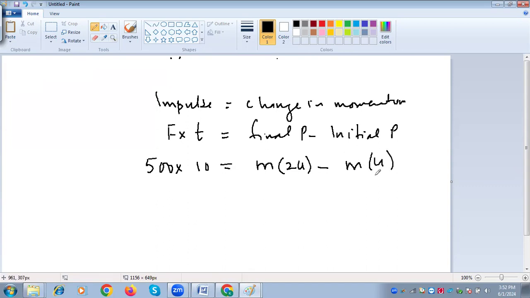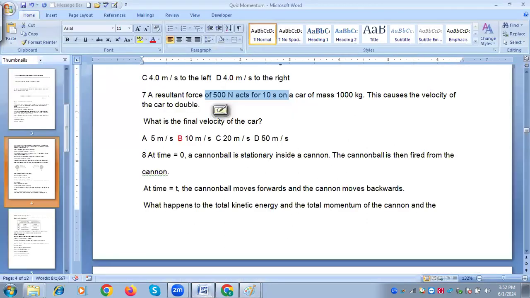Initial momentum, velocity is u. We will have to suppose here initial velocity is not given, but it is given that the final velocity is twice the initial velocity. So 2m. And what is the mass of the car? 1000 kg.